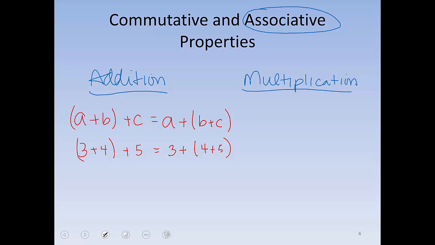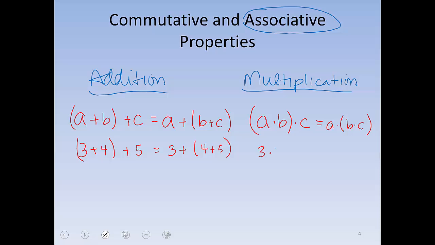Does that work similarly with multiplication? Yes, it does. Let's take a look. If I have (A times B) times C, is that the same as A times (B times C)? Keep in mind, I'm not putting these in a different order. I'm just grouping them using parentheses. I'm associating them differently. And yes, of course it works.